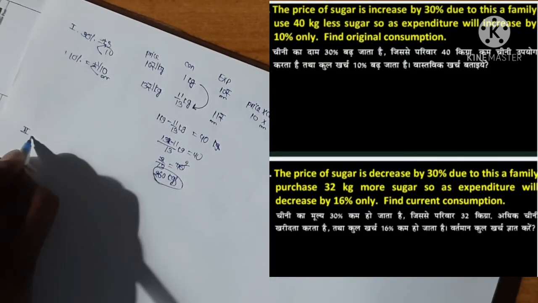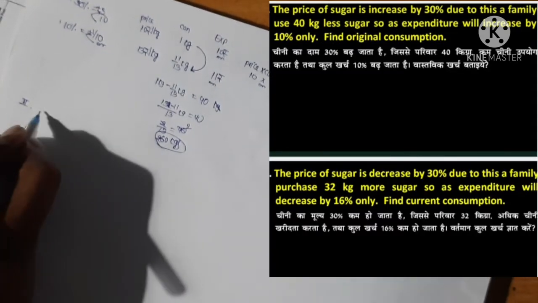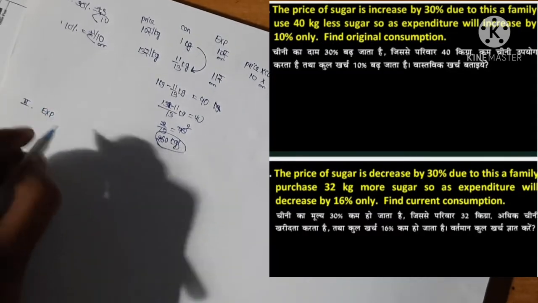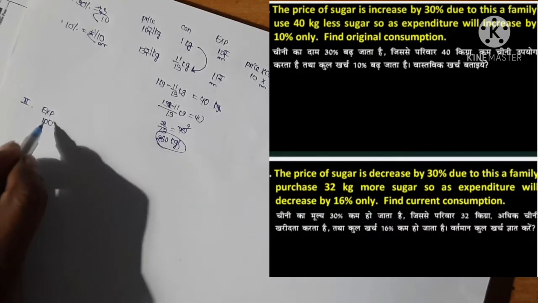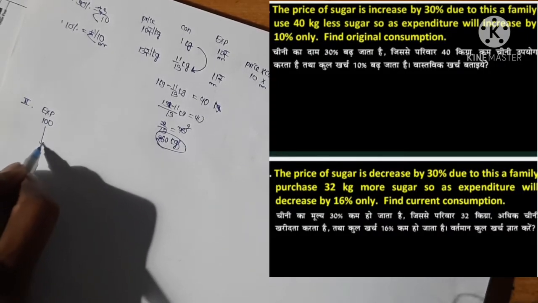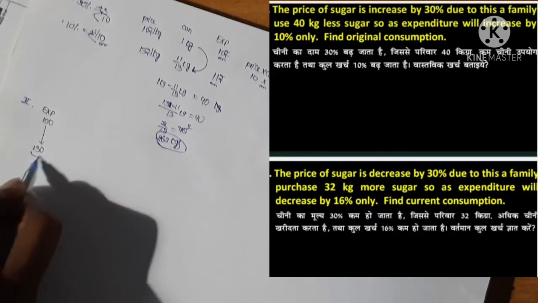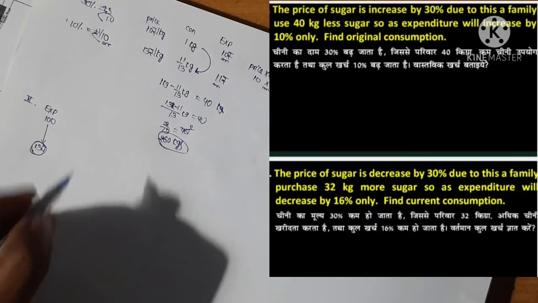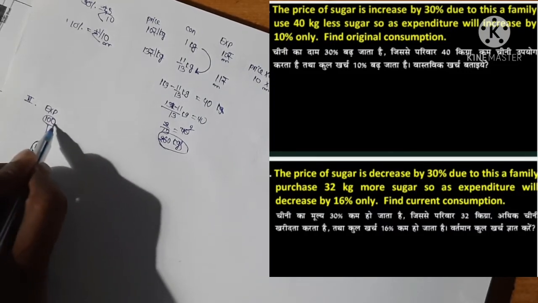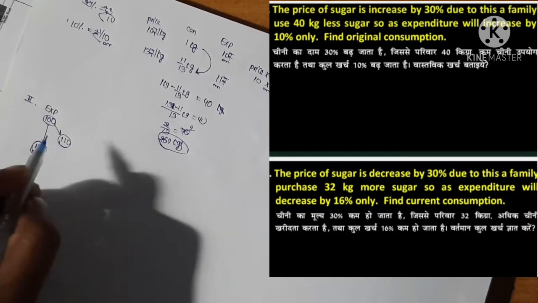So how can I solve this question on paper? The price is increased by 30%, that means the expenditure is also increased by 30%, so the value is 130. The expenditure will also increase by 10%, so 110.